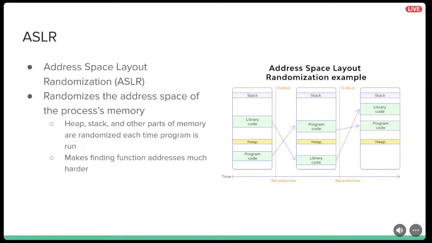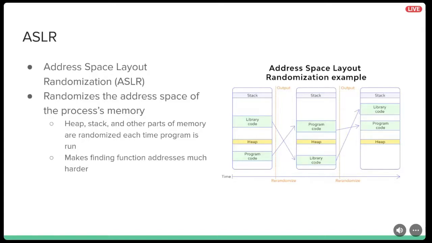Yeah, so the first one is ASLR, address space layout randomization. Our assumptions thus far are that we know where the buffer is in memory, where the stack is, so we can reference it. And we also assume that for libc we can reliably get the address of functions in memory.